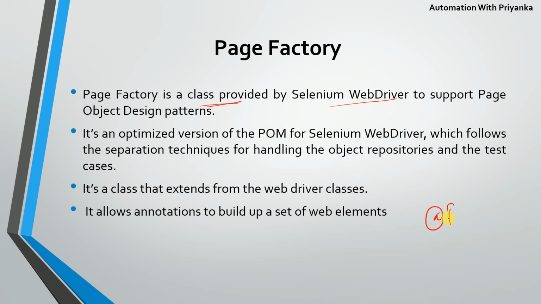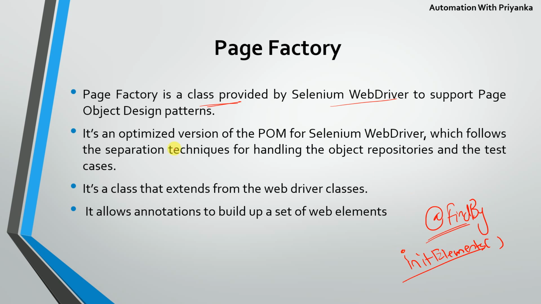There is one annotation available called FindBy to create page objects, and all the elements get initialized using the initElements method. So we'll be using this initElements method to initialize the web element, and the FindBy annotation to locate that web element.